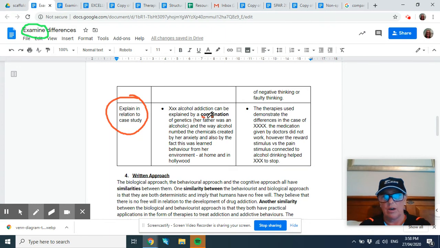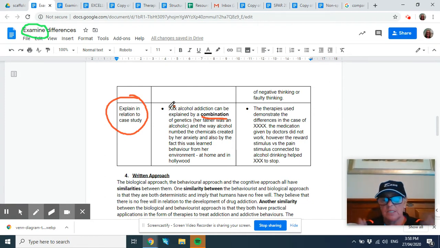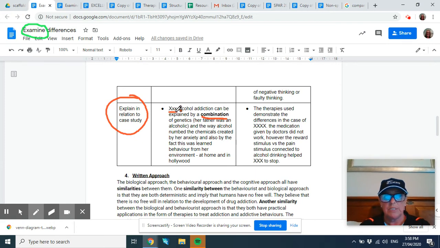And again, I've highlighted words that you would need to use. So, so-and-so, whoever, the celebrity that you're looking at, Drew Barrymore, for example: her alcohol addiction can be explained by a combination of genetics. Her father was an alcoholic, and the way alcohol numbed the chemicals created by her anxiety.